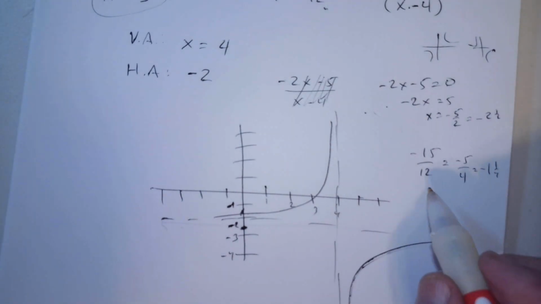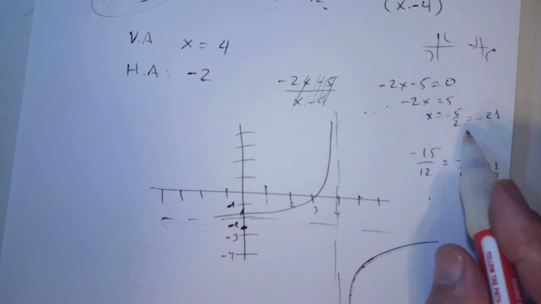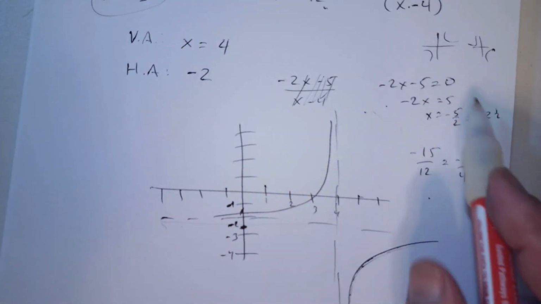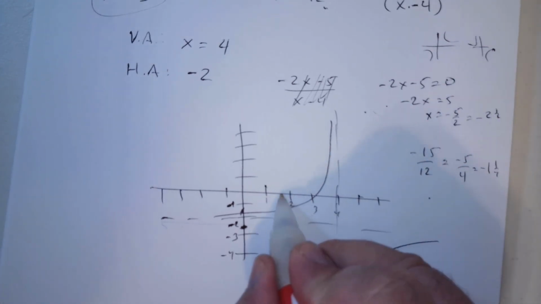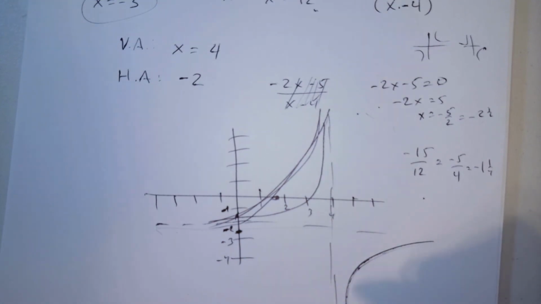And for 0, the x-intercept is at 5 over 2, that's 2 and 1/2. So it's going to cross here.